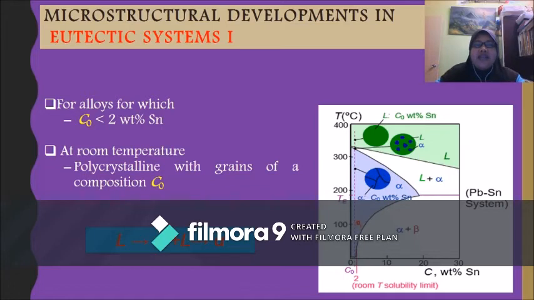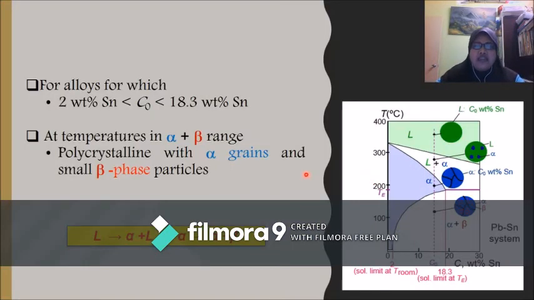For the result, at room temperature, it is polycrystalline with grains of composition C0. The eutectic reaction for eutectic system 1 is L equal to alpha. Next, we move to eutectic system 2.